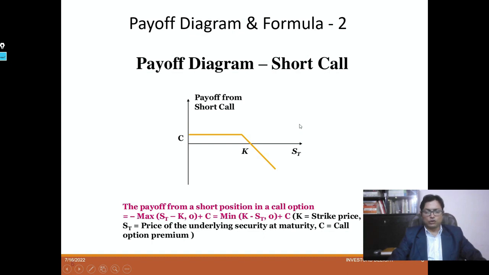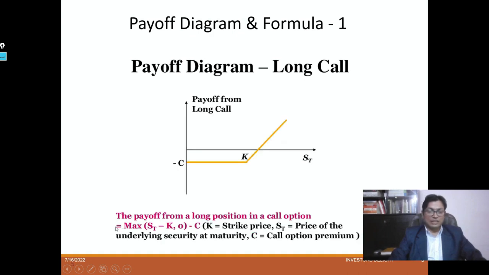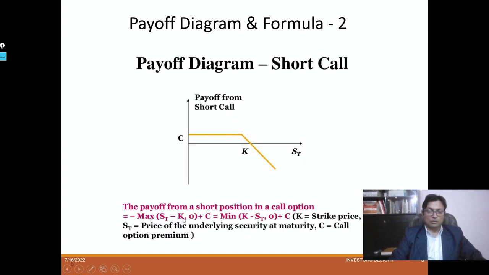The payoff diagram of a short call is also very similar. Here the payoff from the short position in a call option is negative of maximum of ST minus K comma 0 plus c. We are just putting a negative here and a plus here, and this becomes the equation for the payoff of a short position in a call option.